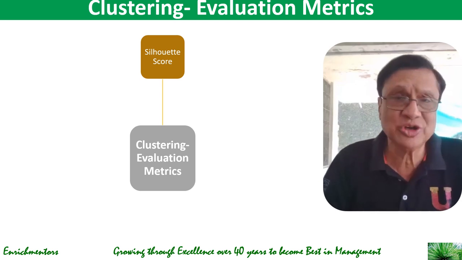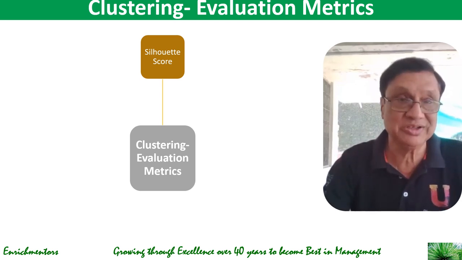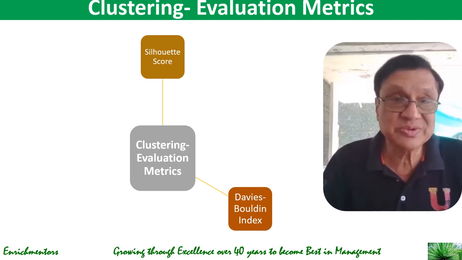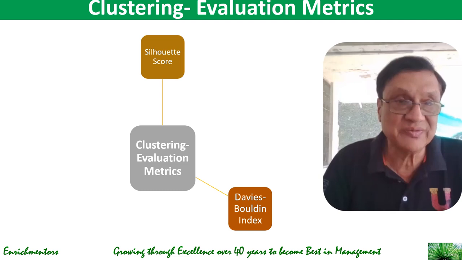So how much does an object belong to its own cluster compared to others? Second is the Davies-Bouldin index, which computes the average similarity between each cluster and its most similar cluster.